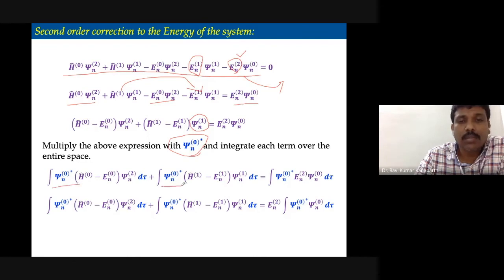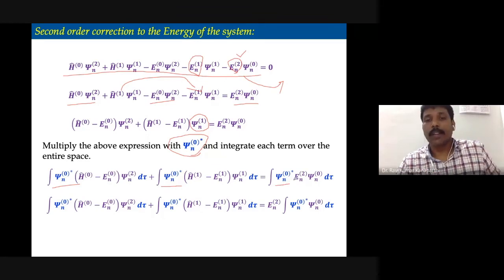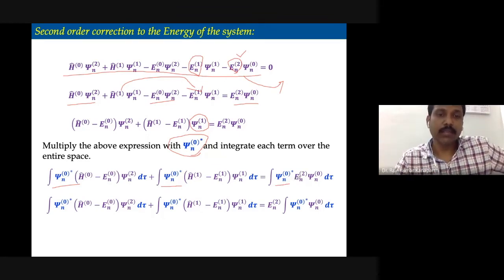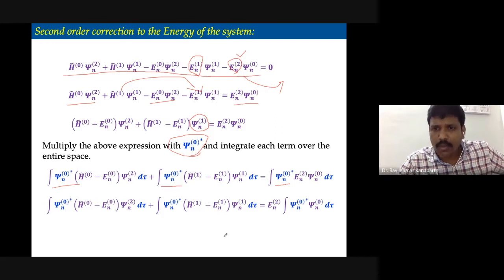Now we do some simplification. This expression becomes 1, because both are orthonormalized functions.